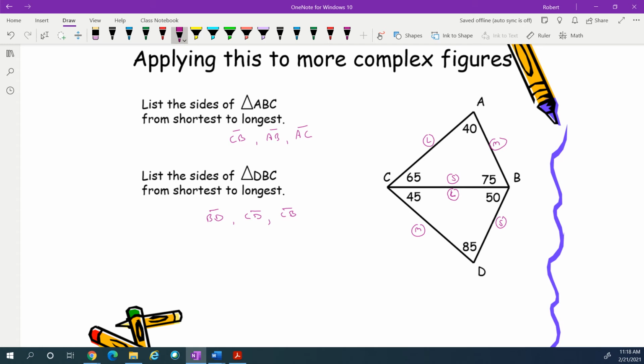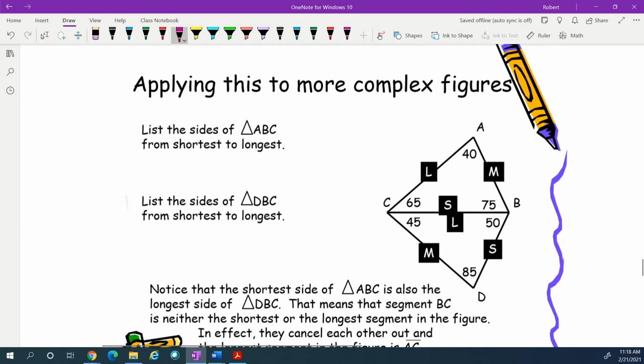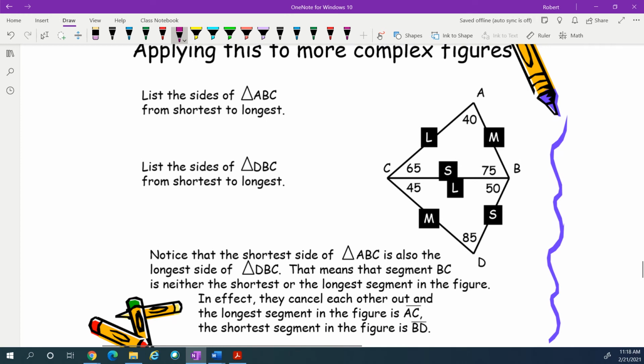So we've been able to do each triangle independently. Now, the follow-up question for this, in fact, you can see my labeling in the next slide.